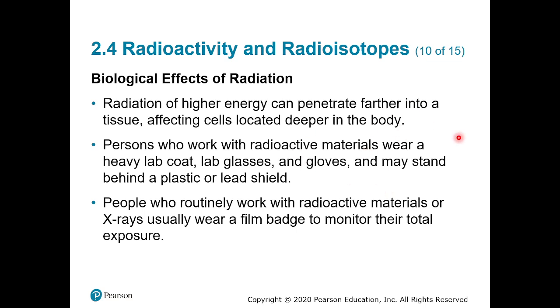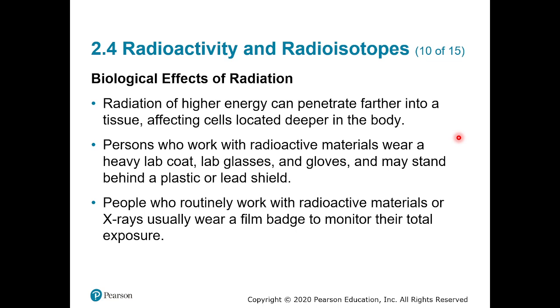People that work with radioactive materials typically wear things like heavy lab coats, lab glasses, gloves, may stand behind plastic or lead shields, and oftentimes wear some sort of face mask so that they're not breathing things in. People who routinely work with radioactive materials or X-rays will usually wear what's called a film badge.